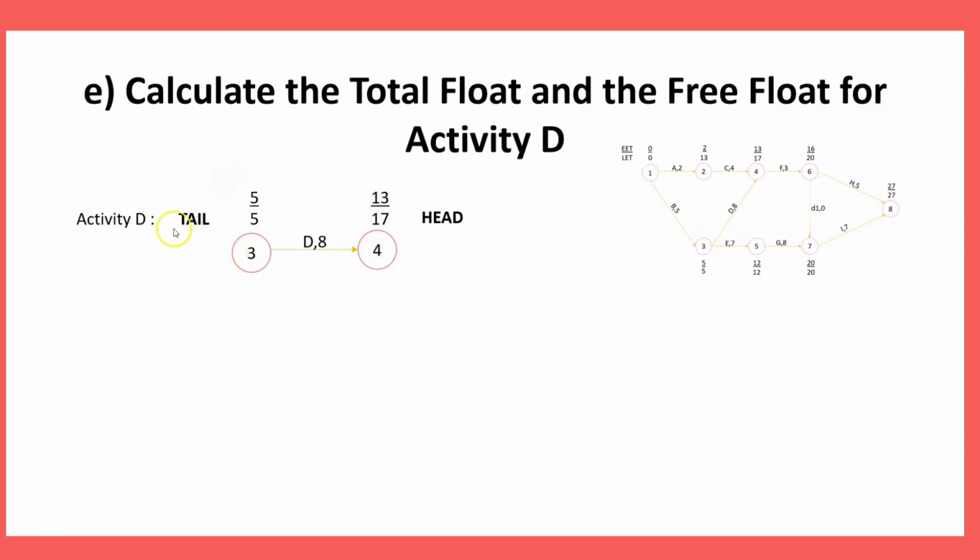While EET and LET at the left side, we call it EET and LET tail, which means EET tail 5 and LET tail 5. It is important to determine which one is EET and LET tail and which one is EET and LET head, because all the information will be used in float formulas.